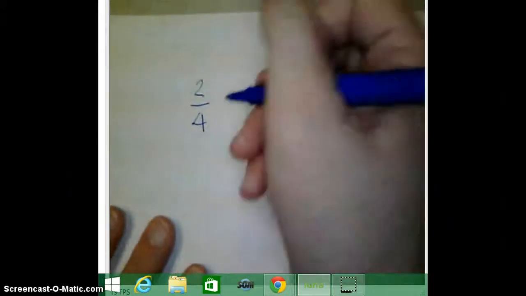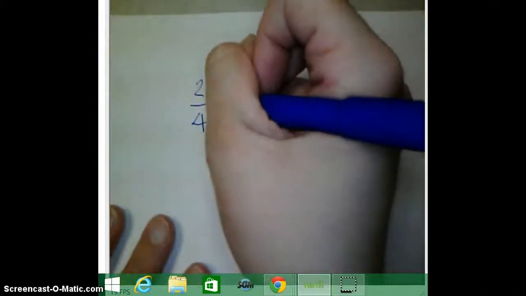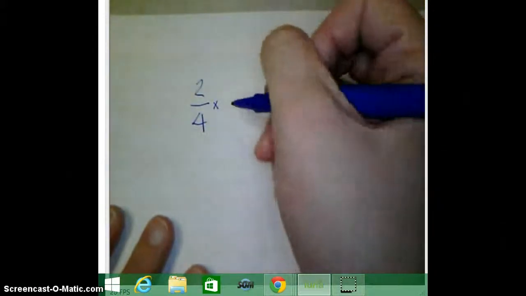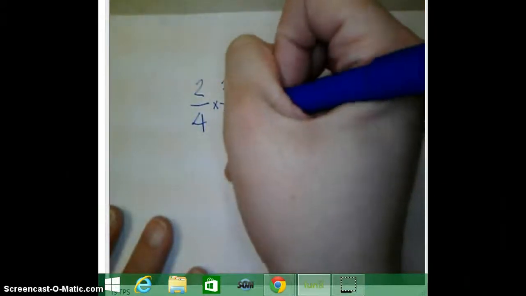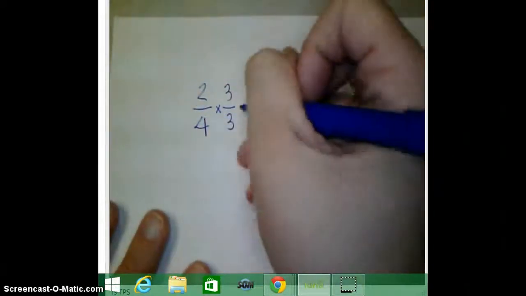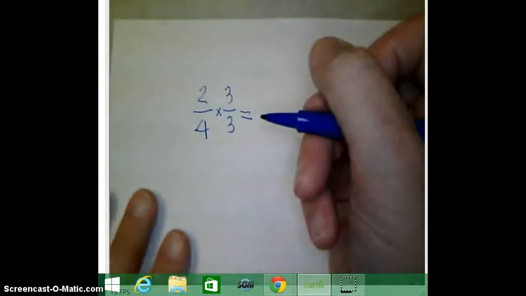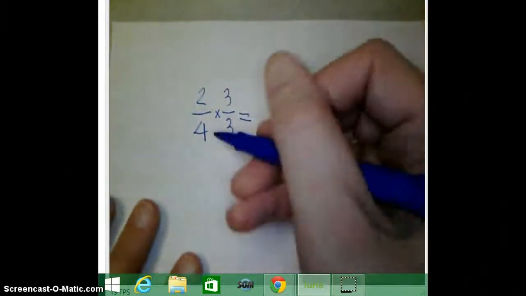So, for example, we could have 2/4. And what is that another example of? Well, if we multiply by whatever number over the same number, which is another example for one whole, so let's say 3/3. If I multiply by 3/3, I'm going to show another equal fraction to 2/4.